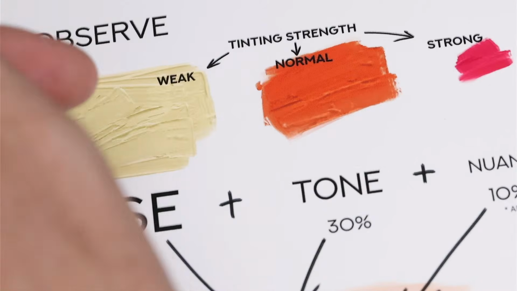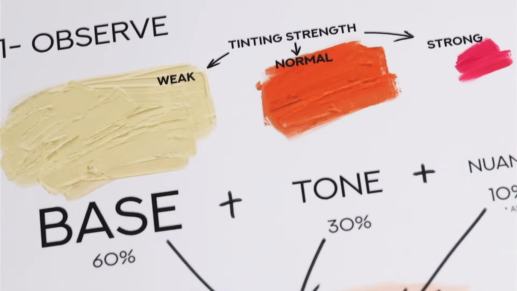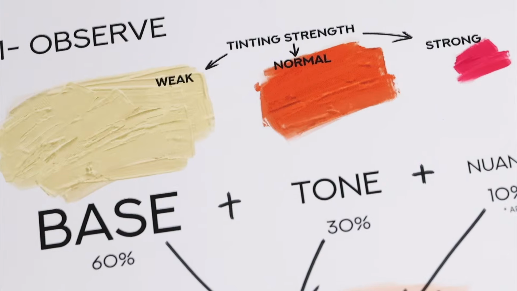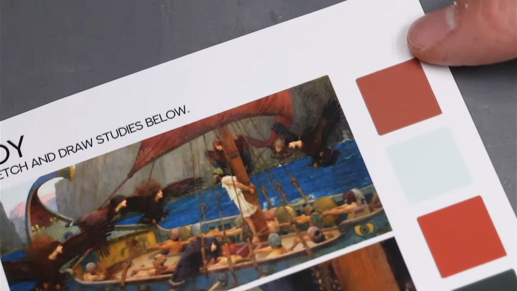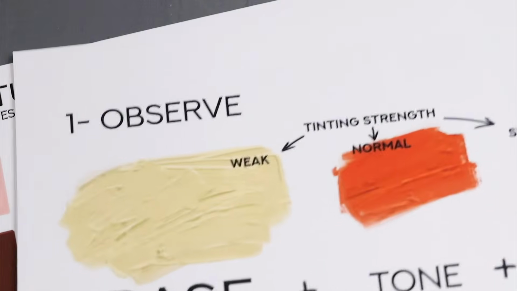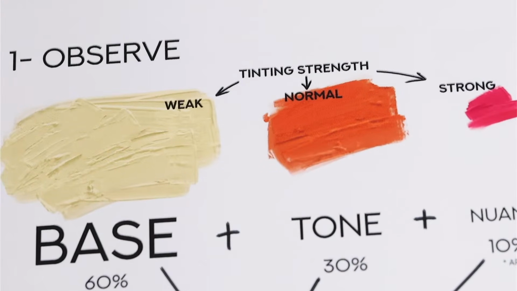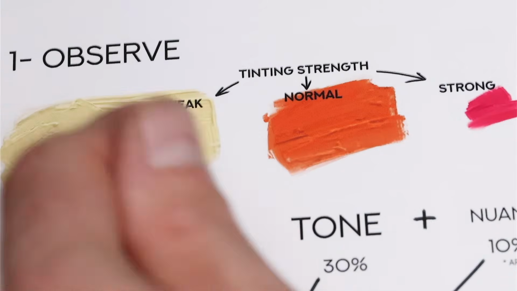So we have 1, which is the base. It's going to be about 60% of the quantity of paint that you produce to mix a certain color. For example, if you want to mix this one here, 60% of it will be your base. Basically, the main body of the paint is going to be composed of this base.